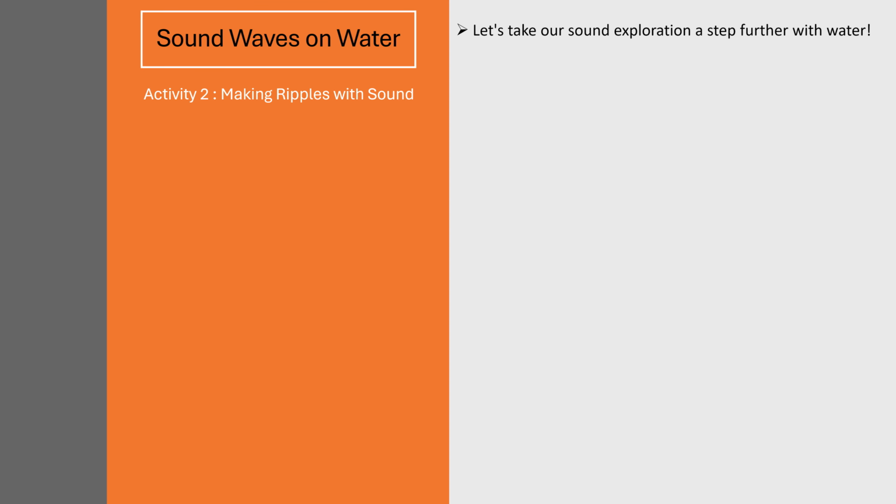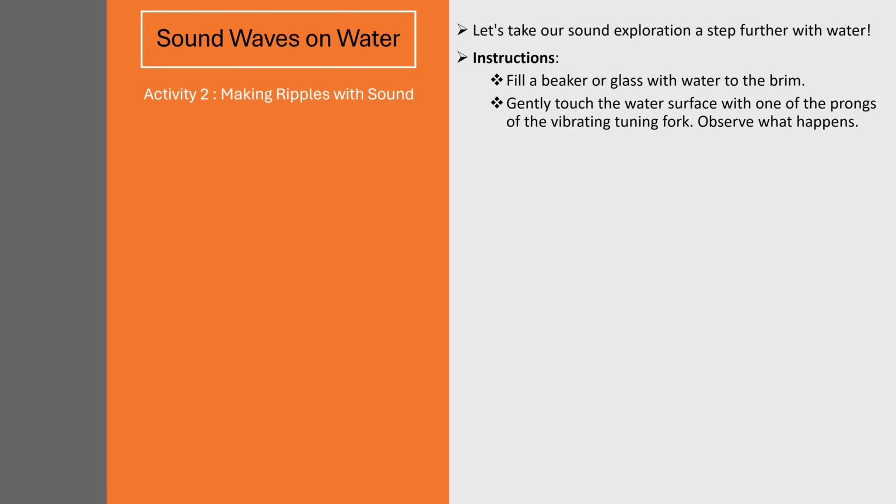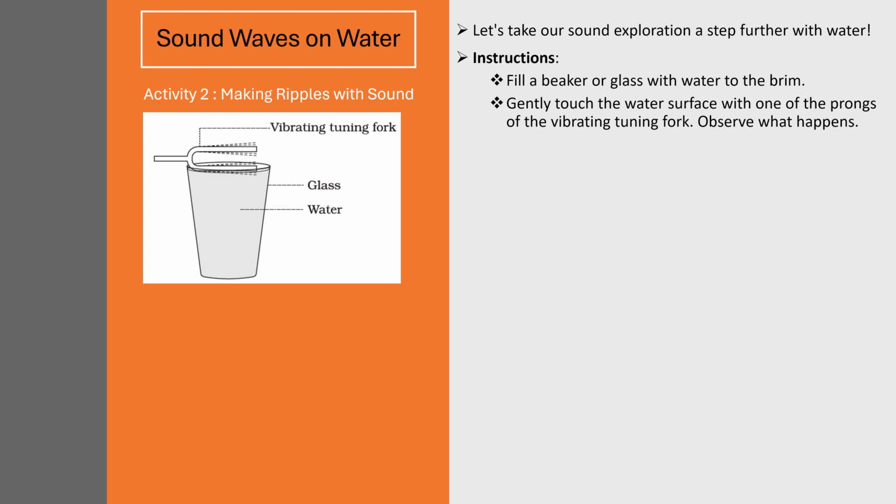Let's take our sound exploration a step further with water. Again, instructions. You have a vibrating tuning fork. That is one part. The second part, fill a beaker or glass with water to the brim. So you can see the image. Now gently touch the water surface with one of the prongs of the vibrating tuning fork.